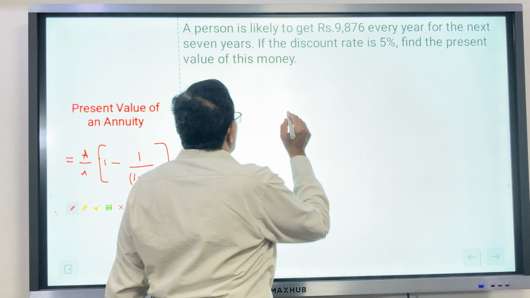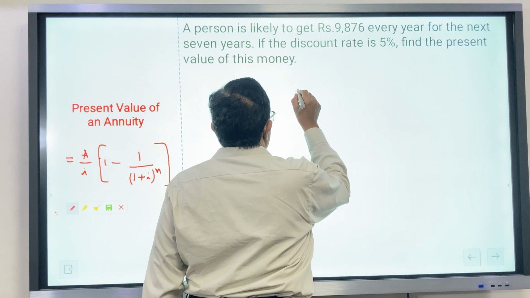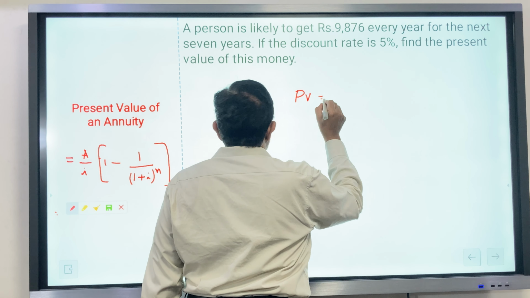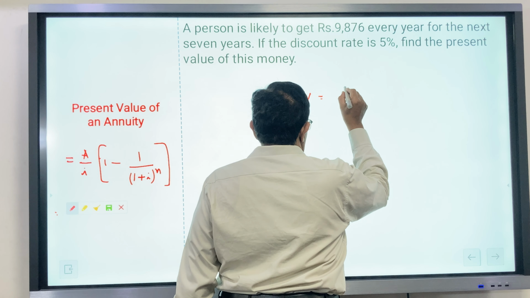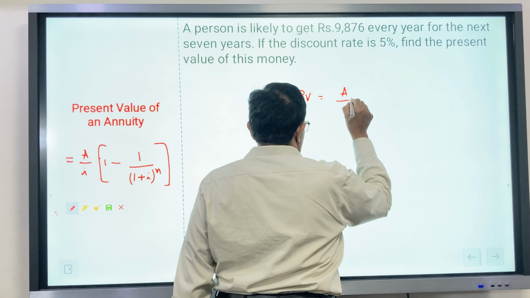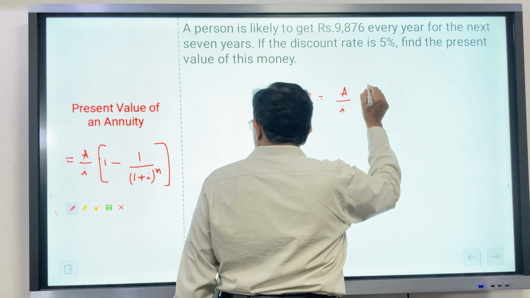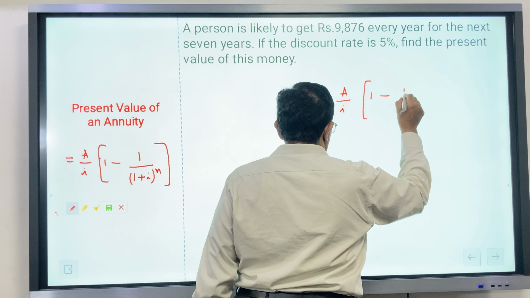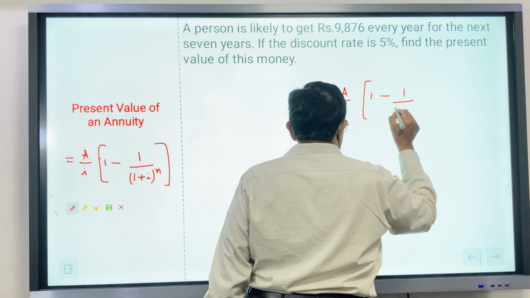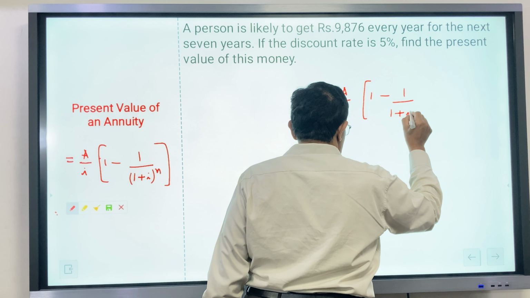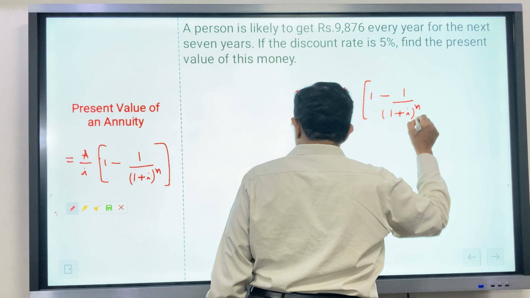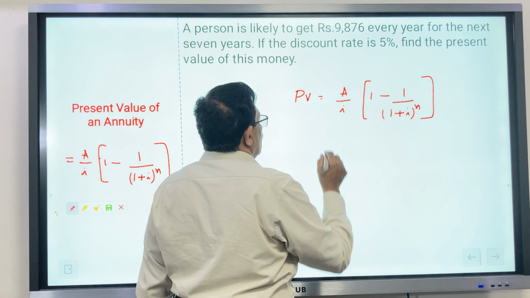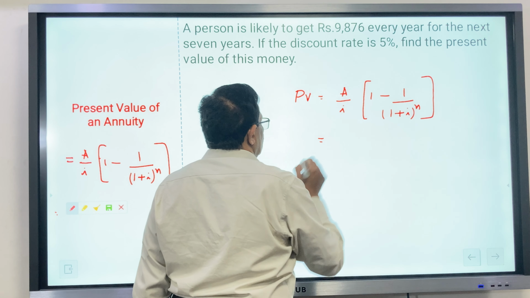So the formula: present value of annuity is equivalent to A divided by I multiplied by 1 minus 1 divided by (1 plus I) whole power of n. This is the formula given to us. So let us substitute the values here.